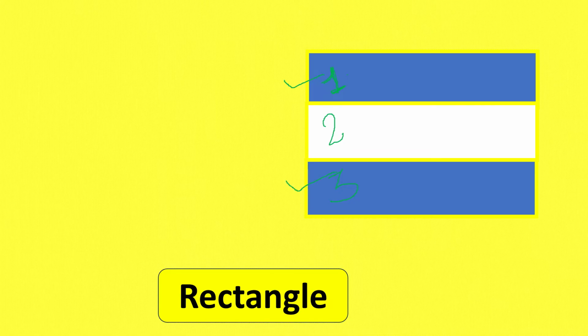When we color the first part and the third part, the second part is not colored here. It's not the white color, it's like a blank. A blank is represented with the white color here.